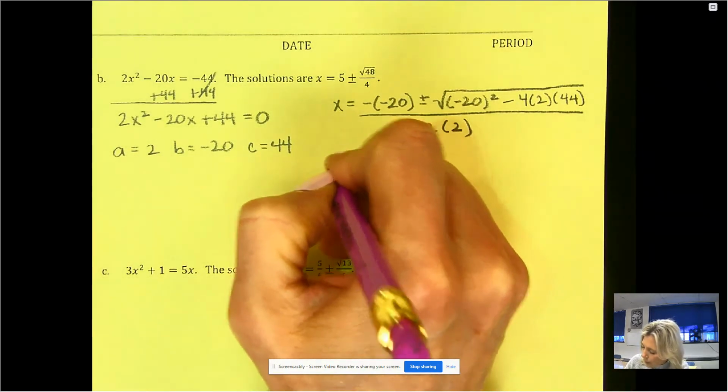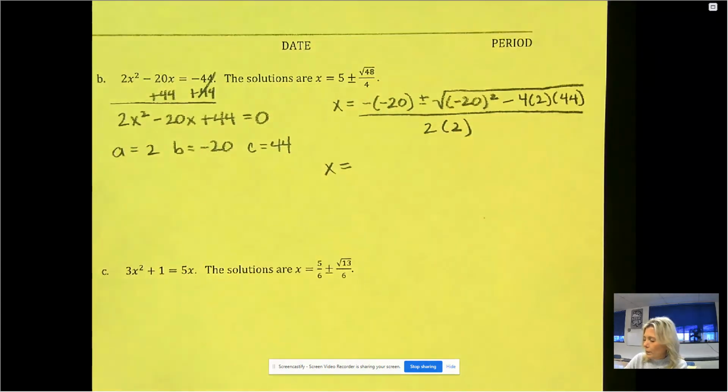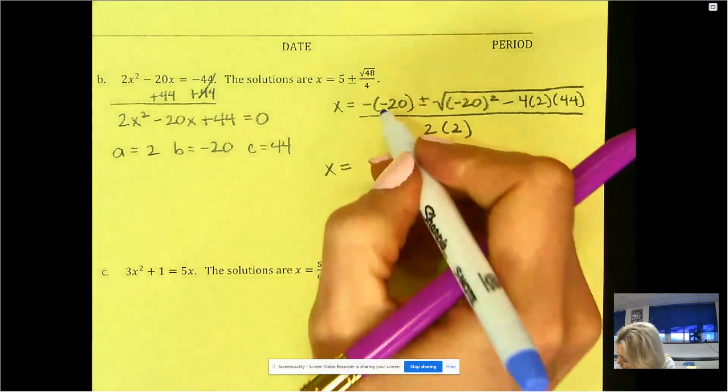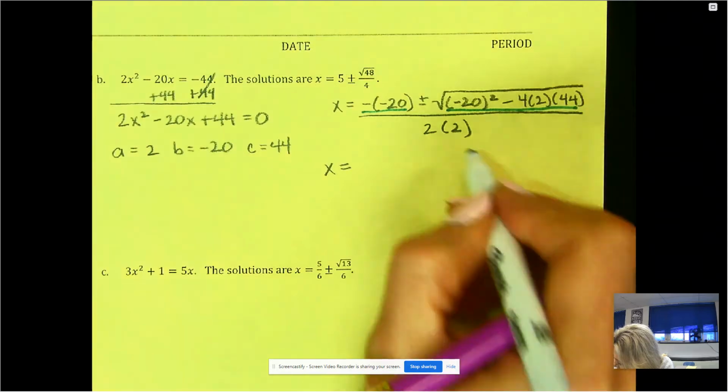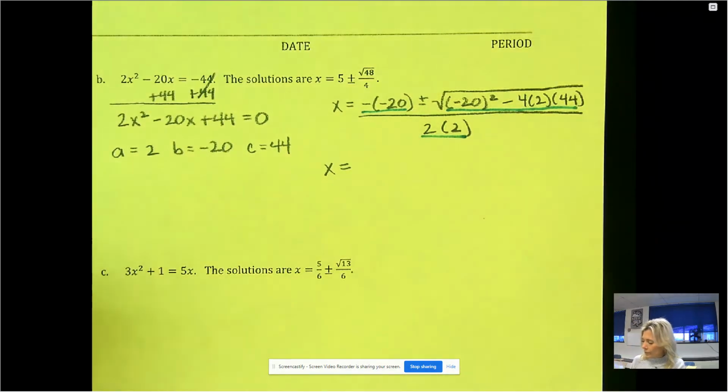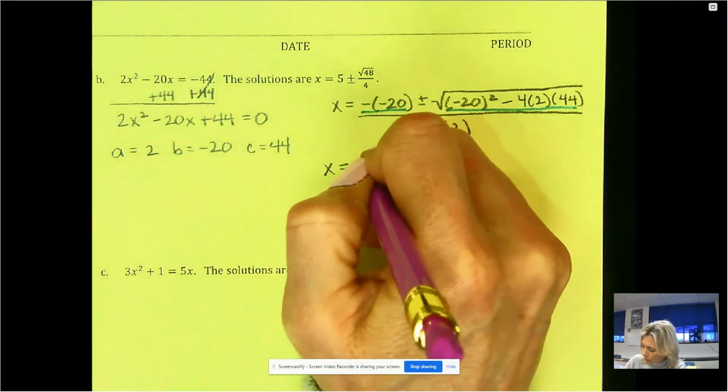So next step, a little bit of cleanup. I'm going to clean up these 3 parts. Negative negative 20 is just positive 20.